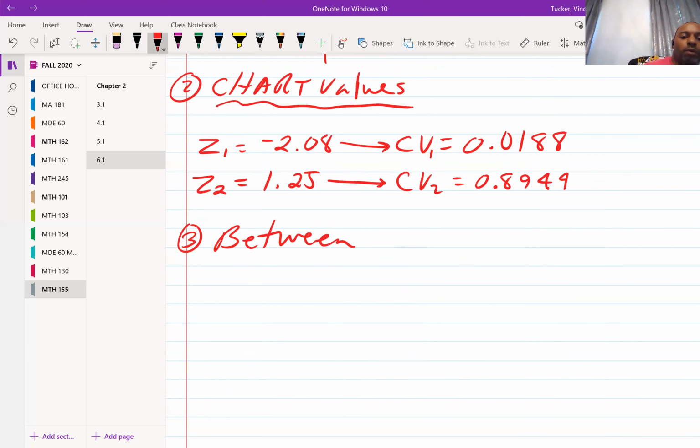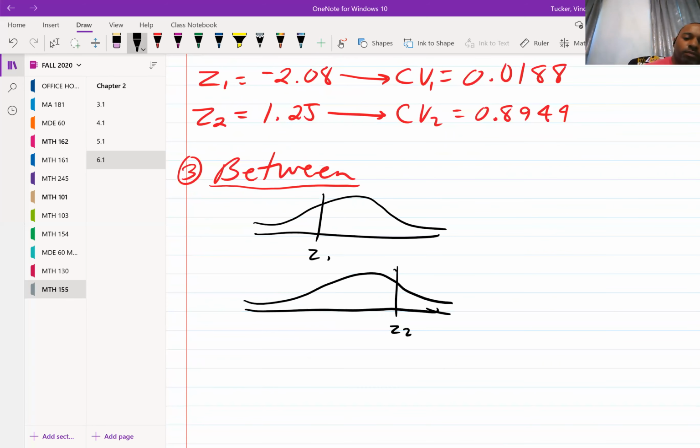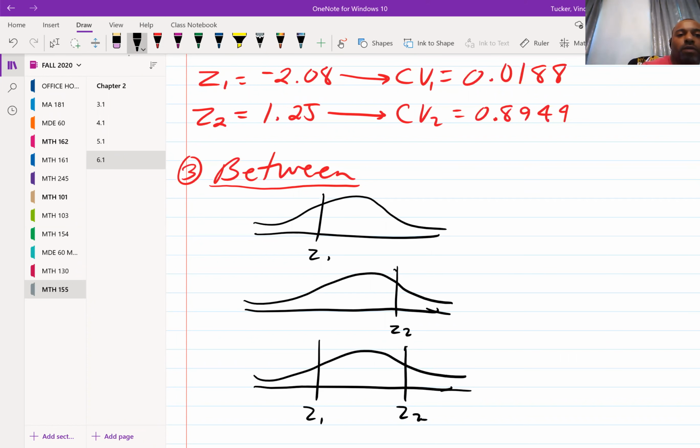So just to give you a visual on what we are about to do, and why we're doing it. We talked about before that the chart value that we give will always represent what's to the left of the z-score.